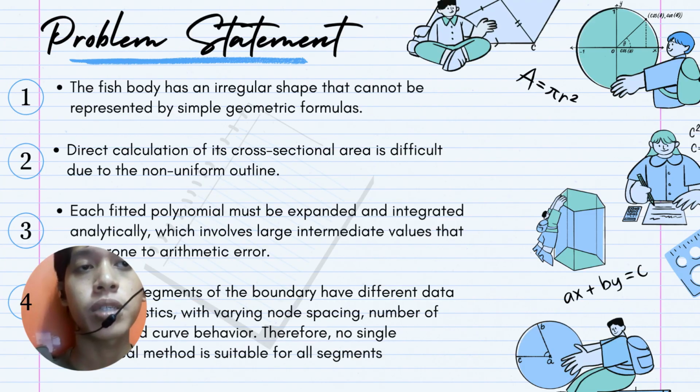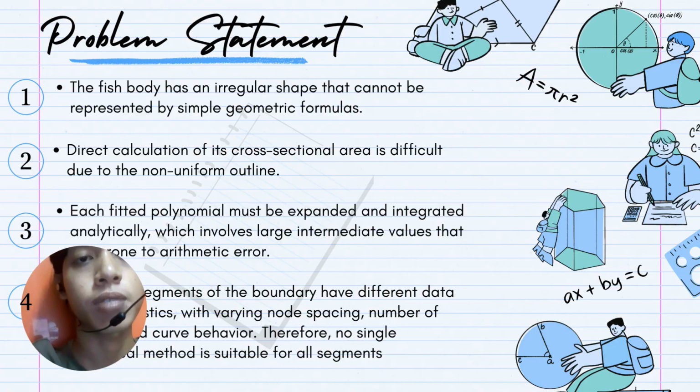Next, we'll be going to the problem statement. The first problem statement is that the fish body has an irregular shape that cannot be represented by simple geometric formulas. Direct calculation of its cross-sectional area is difficult due to the non-uniform outline.